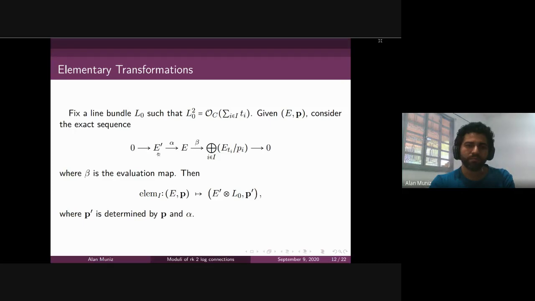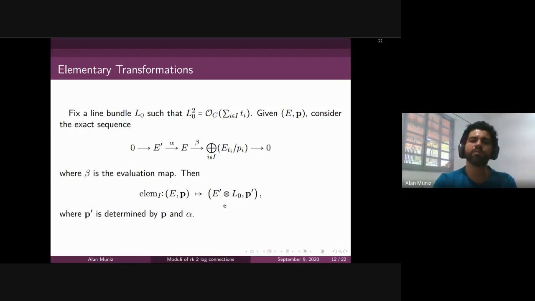But this vector bundle is well defined, and we can twist by this L naught, and we have a vector bundle that has the same determinant as E. So we are in the same setting for the moduli space.